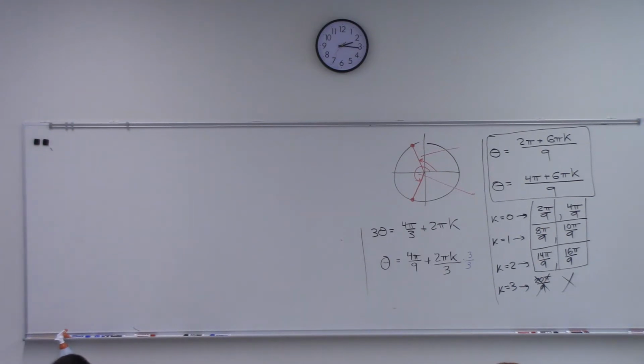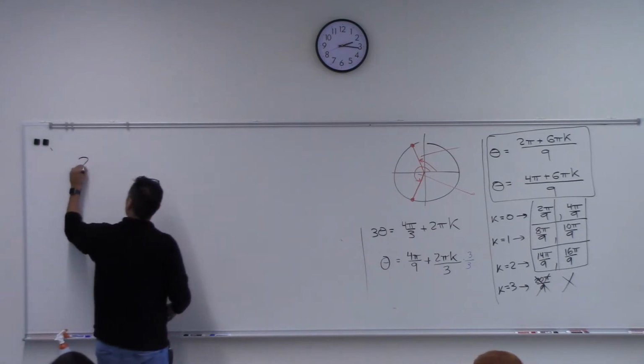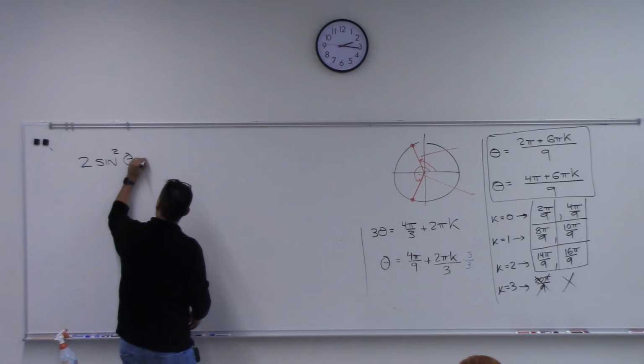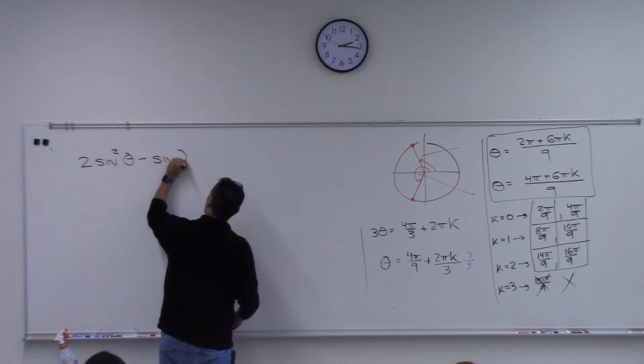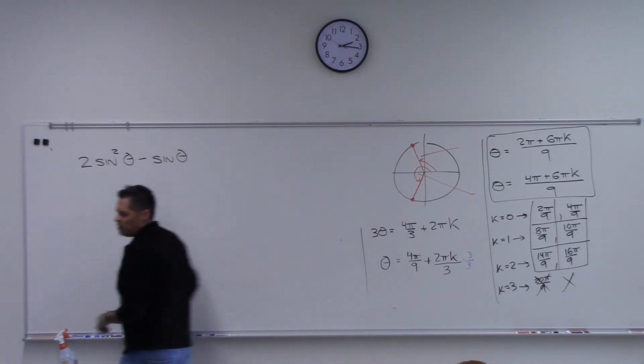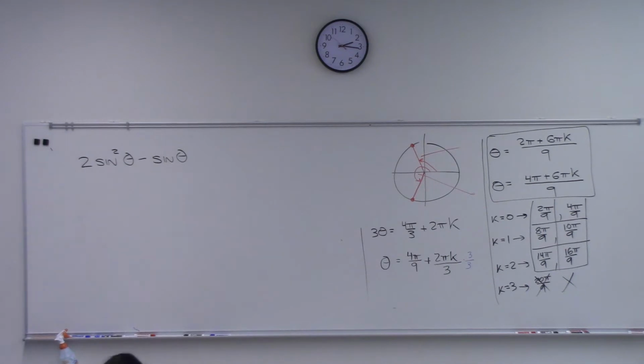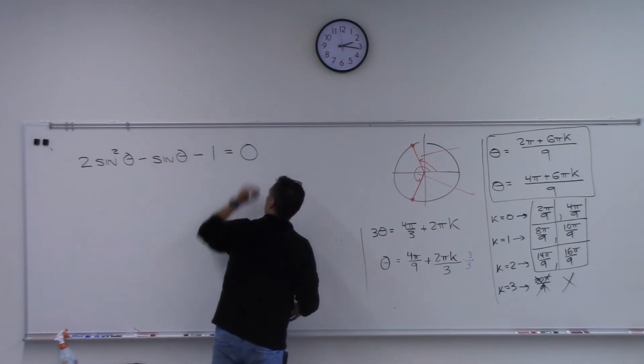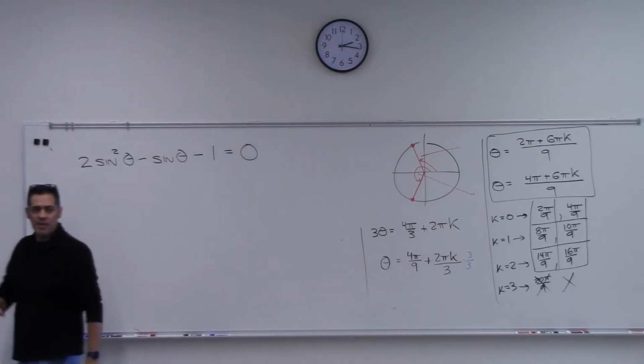Are you ready? 2 sine squared theta minus sine theta minus 1, or we want to do plus 1? Let's do minus 1. Minus 1 equals 0. All right, this is a shift.